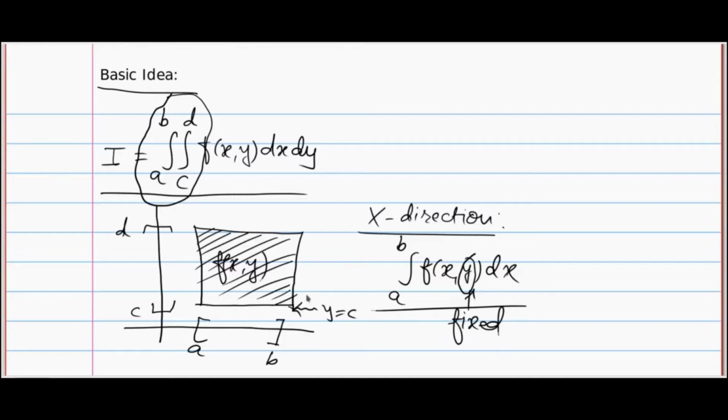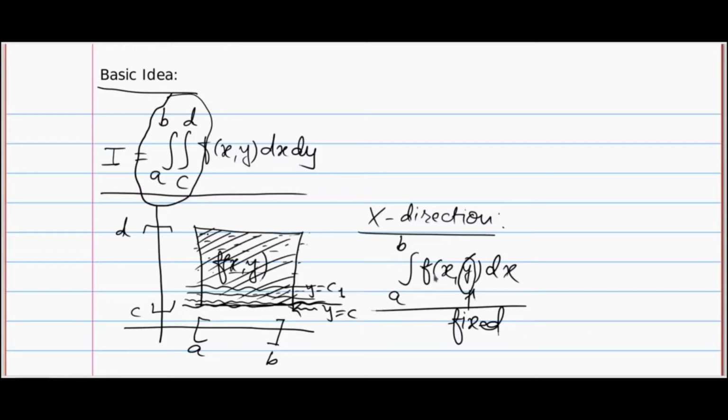For some other layer, y is equal to some other number, for example c1. If you go layer-wise, you will see different planes. For y equal to c you will have one integral, for some other y value another integral, and so on. If you go on in this way, you will have the full region covered.